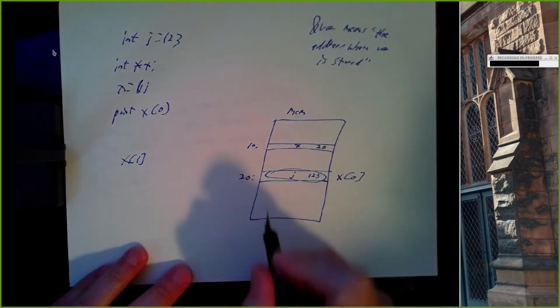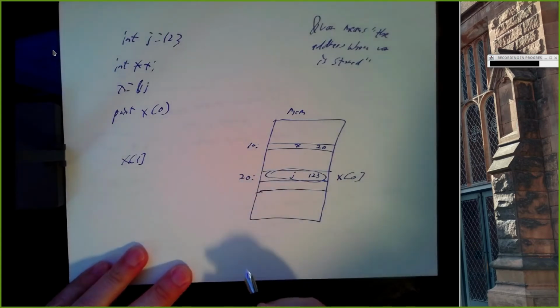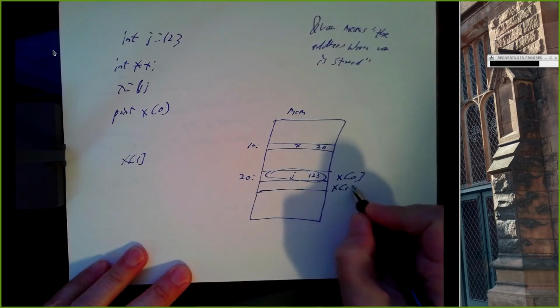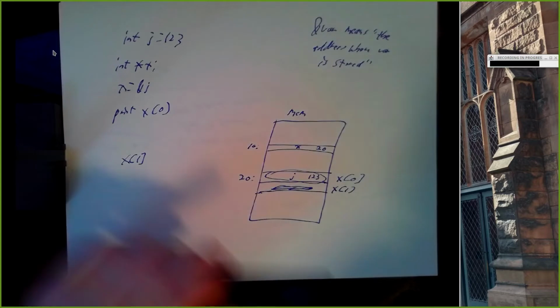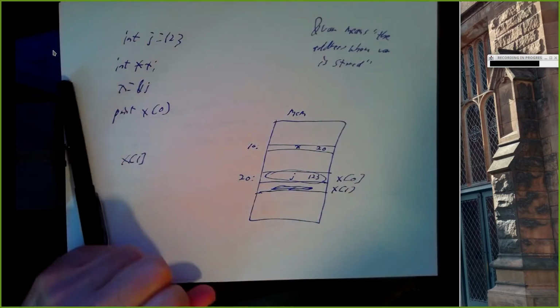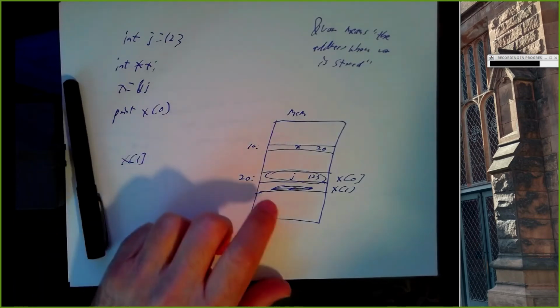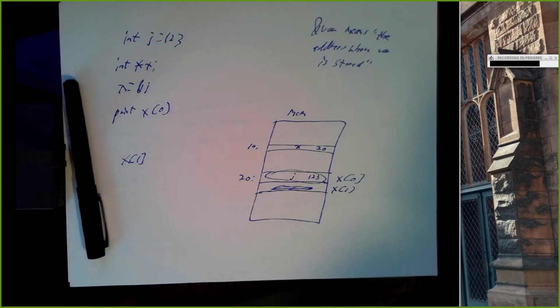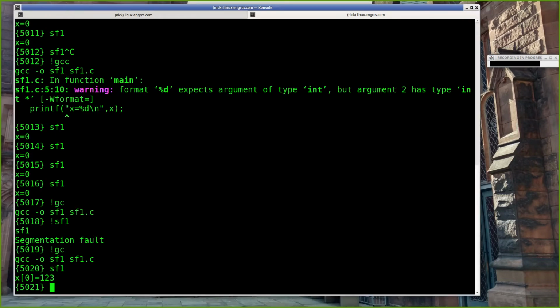If I don't, it would print whatever happens to be in this next block of memory, whatever's inside here, which I haven't given a value to. So really I've got no idea what it's going to print. And if this happens to be an inaccessible location, it will definitely seg fault. But we might luck out, and there might be something in there that we can print. In which case we'll see that. So let's try that.